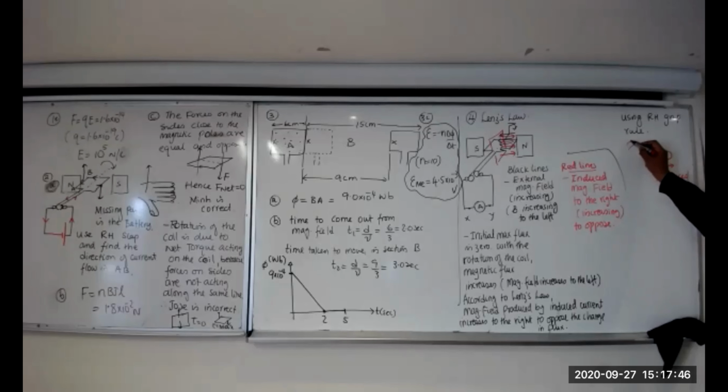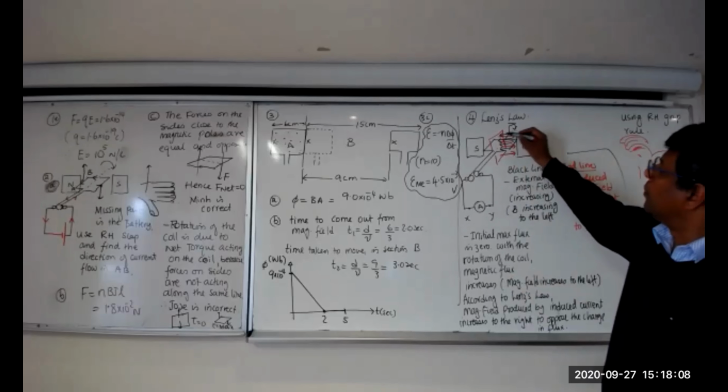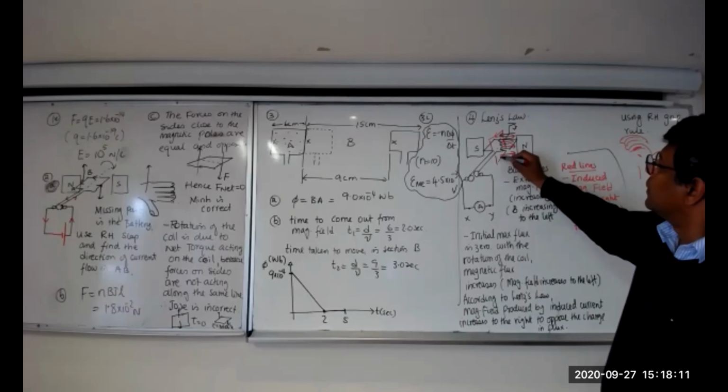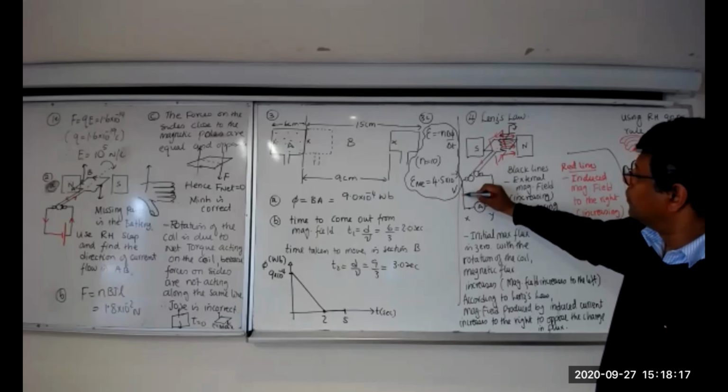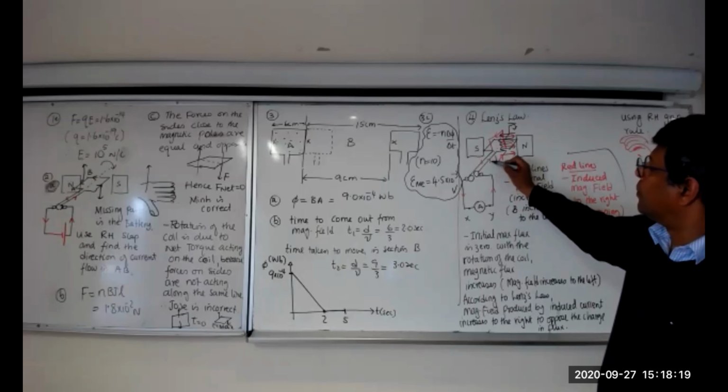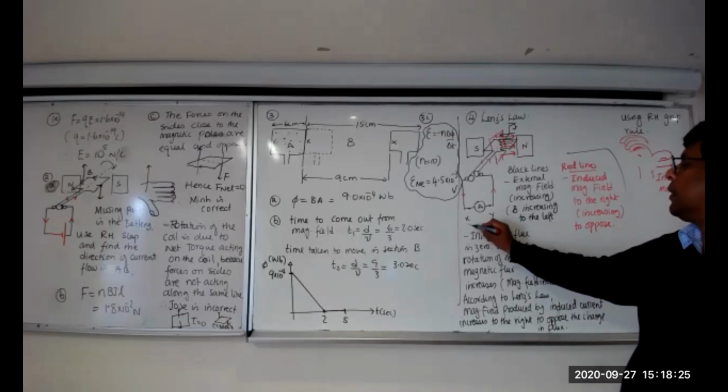I'm just using a solenoid rule, something like that. So the current flow is going to be like that. Then trace your path through. Be careful, sometimes they can ask you for the current flow through the coil or through the ammeter. In this case, they are asking through the ammeter, X to Y.